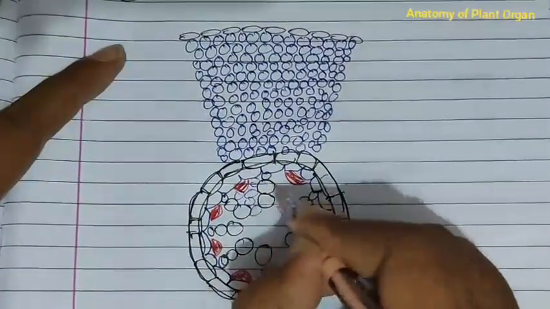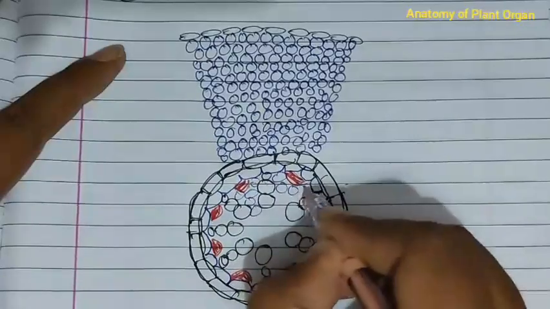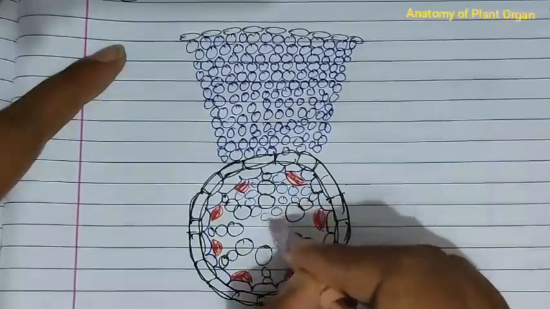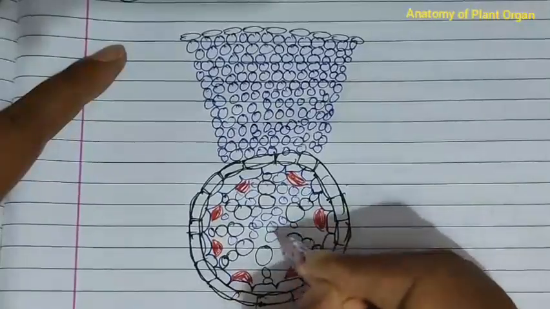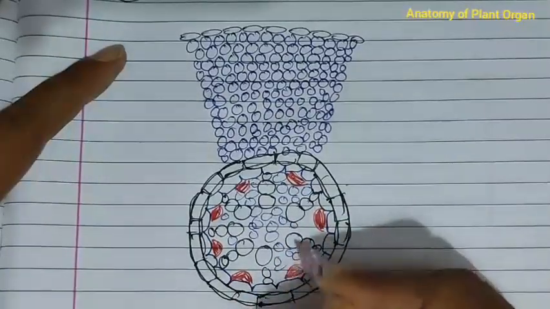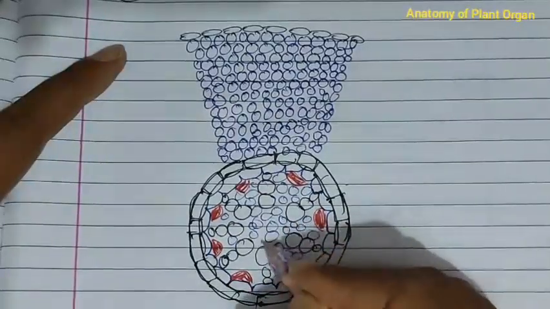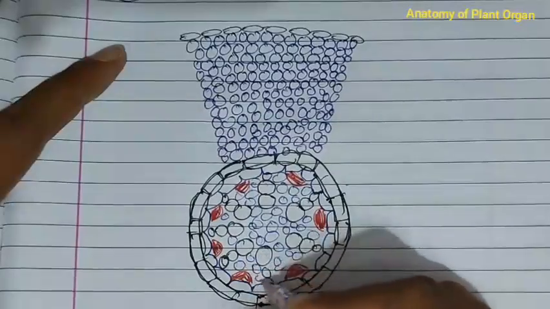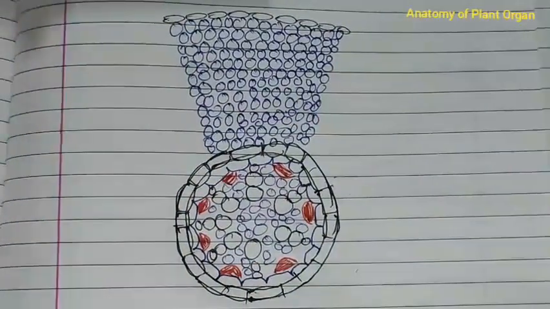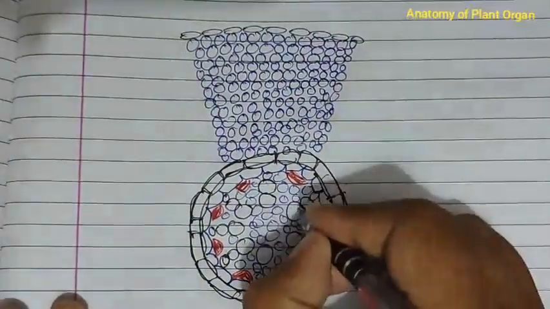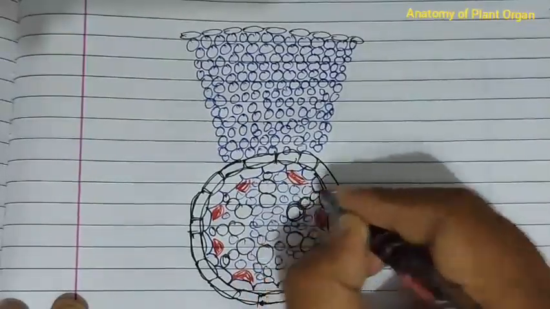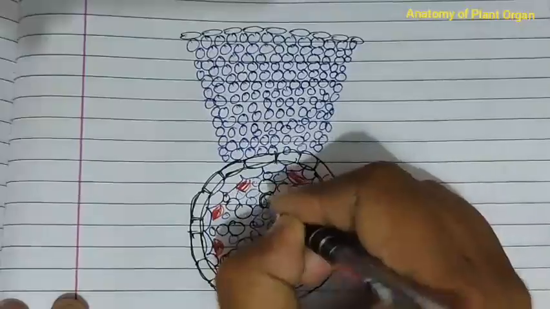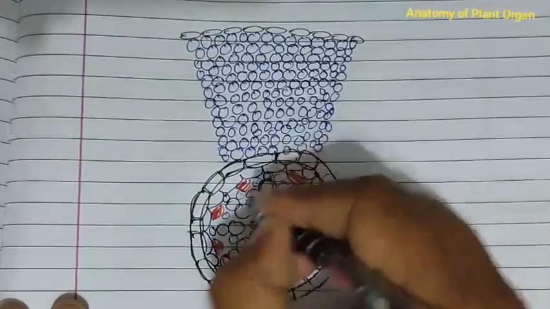and this red colored are the phloem, and these are the conjunctive tissue. And centrally located pith. So this is the xylem, a primary xylem.